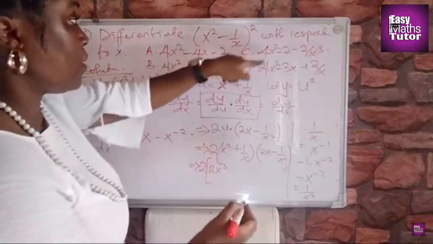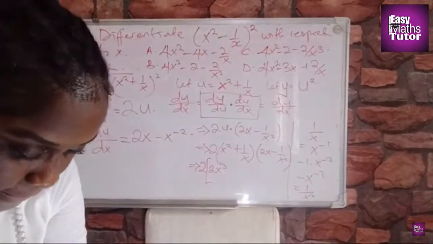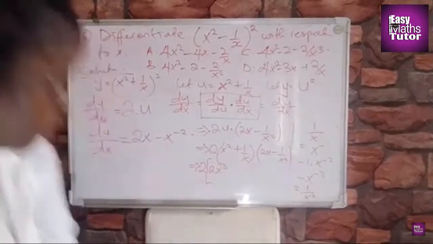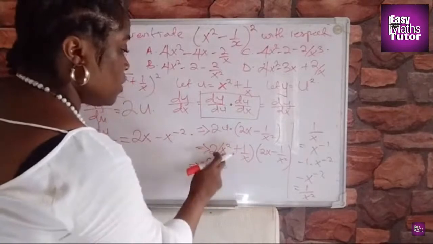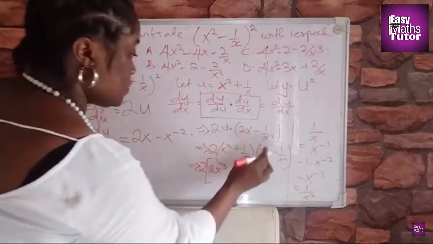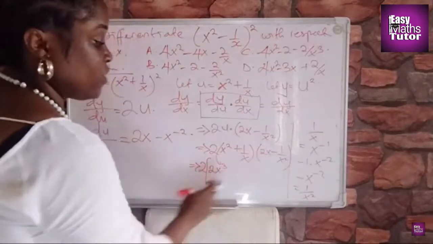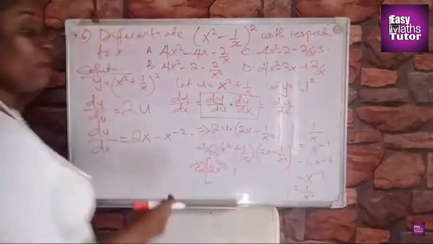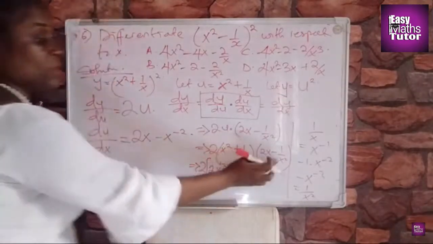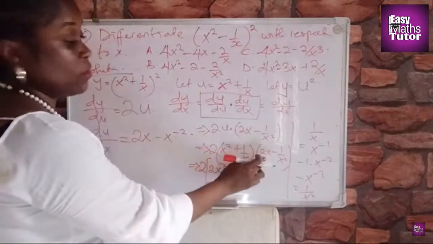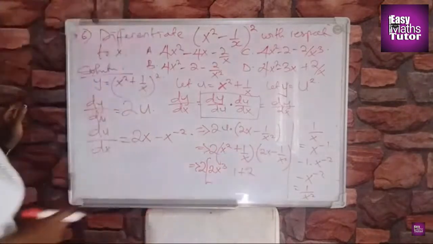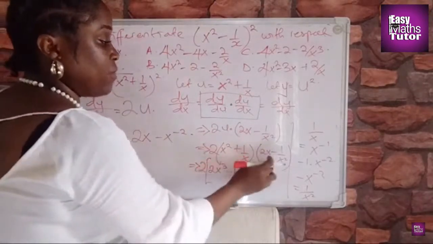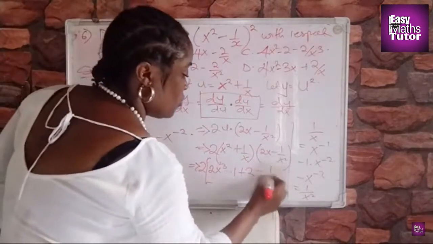There should be an x cubed somewhere in the options. x squared times minus 1 over x squared gives us minus 1. 1 over x times 2x gives us 2, because 2x over x cancels out x, giving you 2. 1 over x times minus 1 over x squared gives us minus 1 over x cubed.